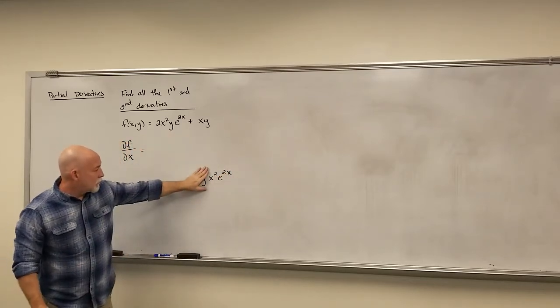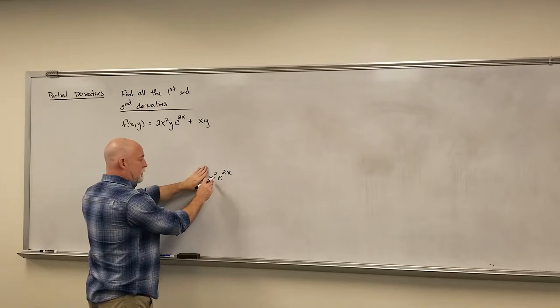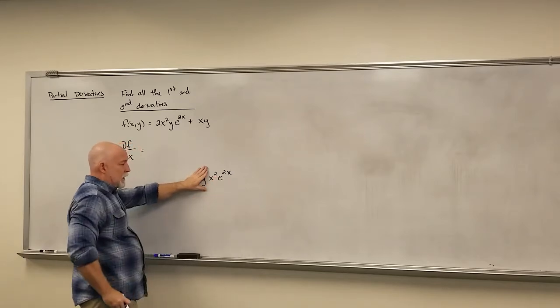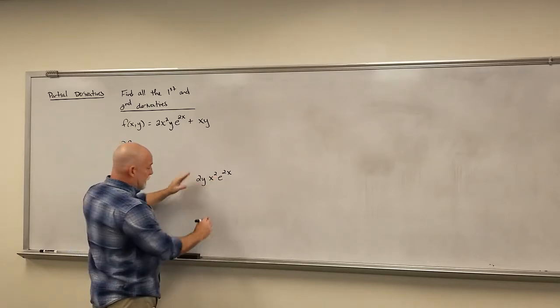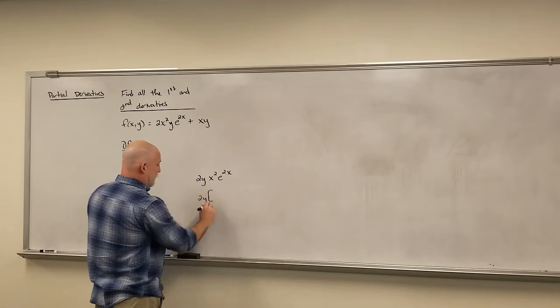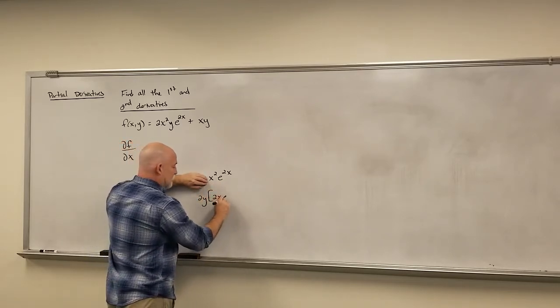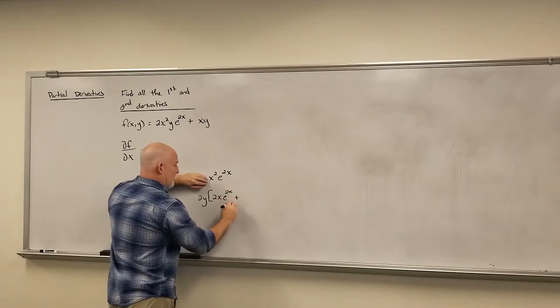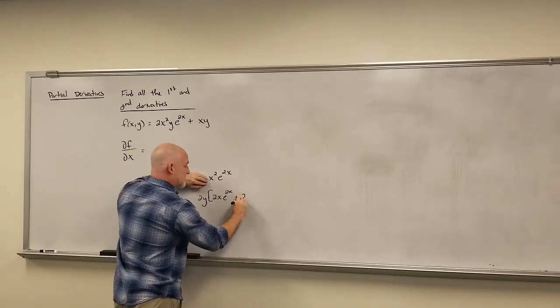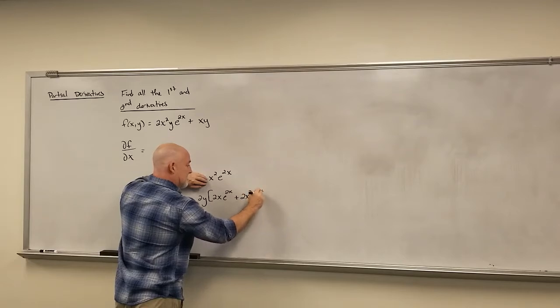So I'm going to treat that just like a constant. How would I take the derivative of x squared e to the 2x with respect to x? Well, I'm going to write the 2y just out front. Here we got to do the product rule. So the derivative of x squared is 2x times e to the 2x, plus the derivative of e to the 2x is 2e to the 2x.